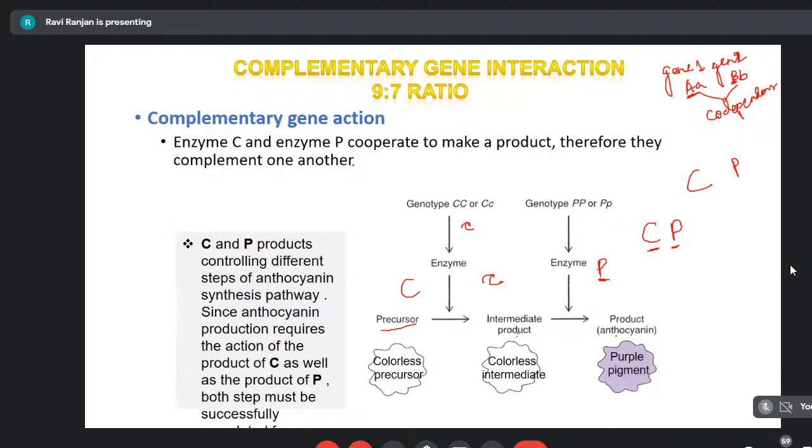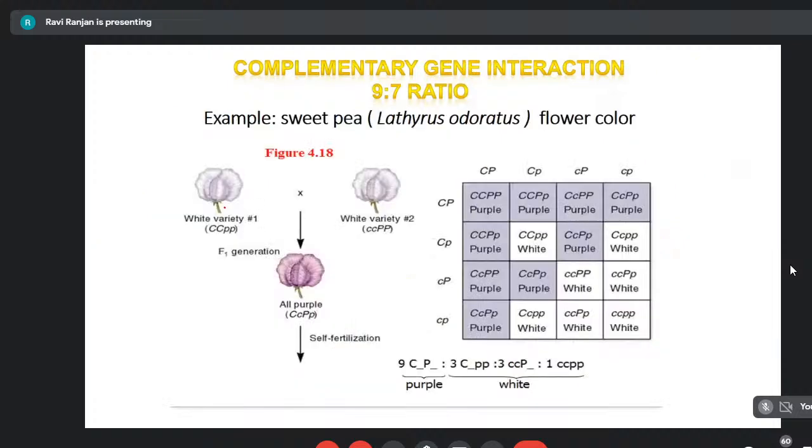I hope all of you know the dihybrid cross ratio. What is the phenotypic ratio for a dihybrid cross given by Mendel? Phenotypic ratio? 9:3:3:1. Very good. But because of the complementarity, because they are interdependent to express a character, this ratio gets changed.